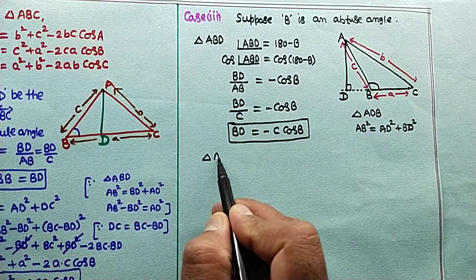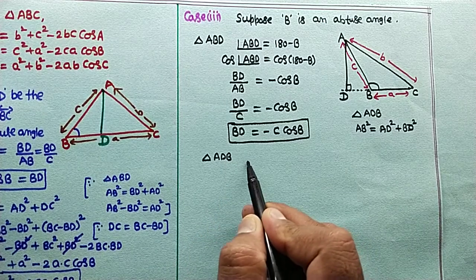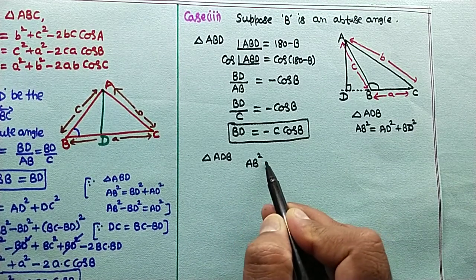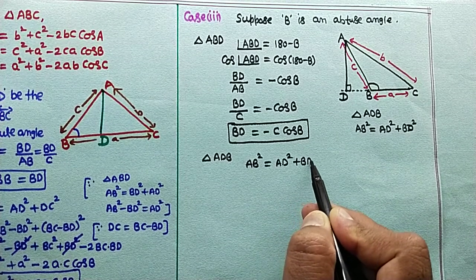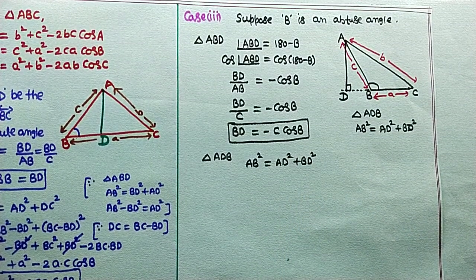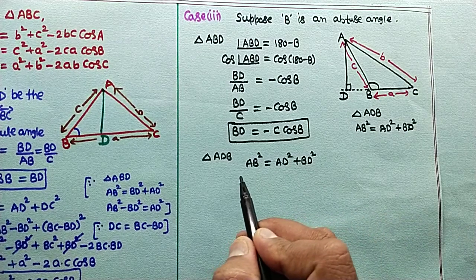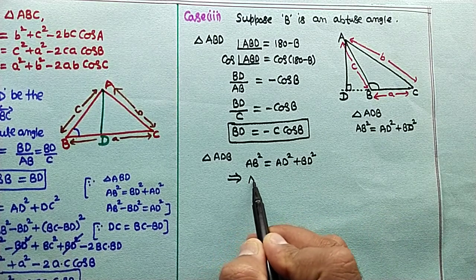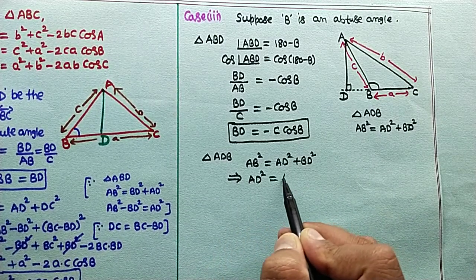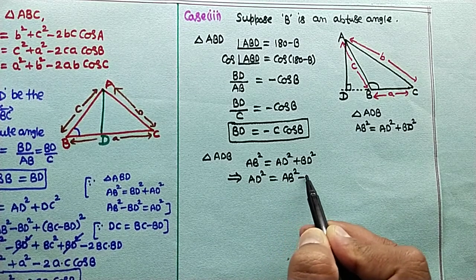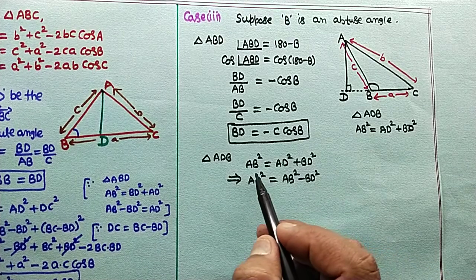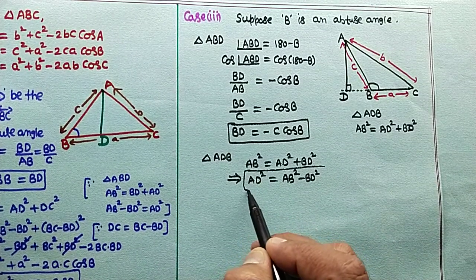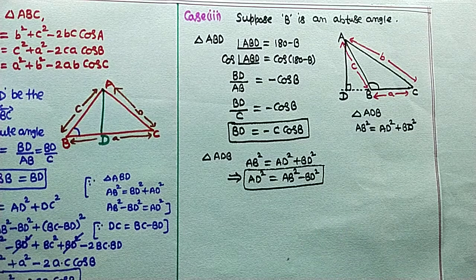From triangle ADB, AB square is equal to AD square plus BD square. From this, you make AD square the subject. So AD square equals AB square minus BD square. You keep this in a bracket. This result we will use in the coming steps.